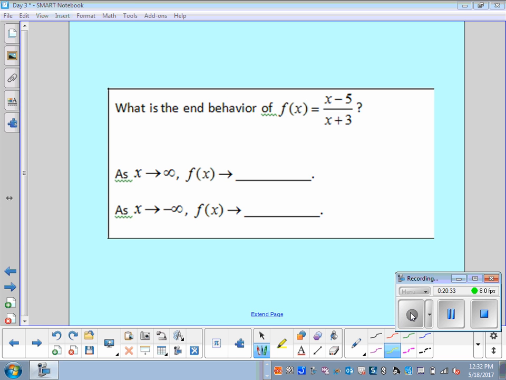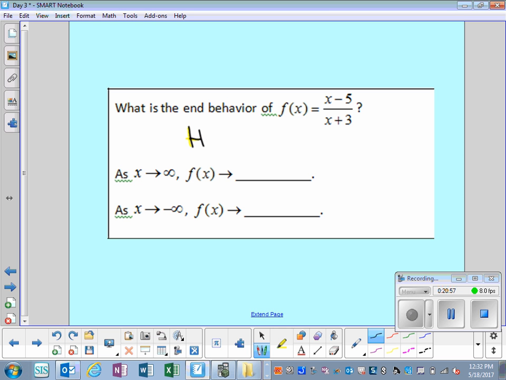What is the end behavior of f of x equals x minus 5 over x plus 3? How do I know the end behaviors? We can look at the graph, right? I could also look at the horizontal asymptote and figure it out algebraically. Because we already did this, we remember that the horizontal asymptote is y equals what?